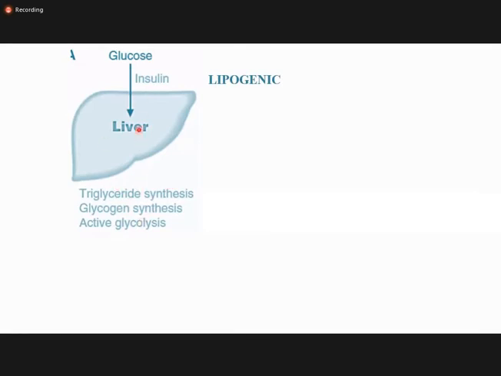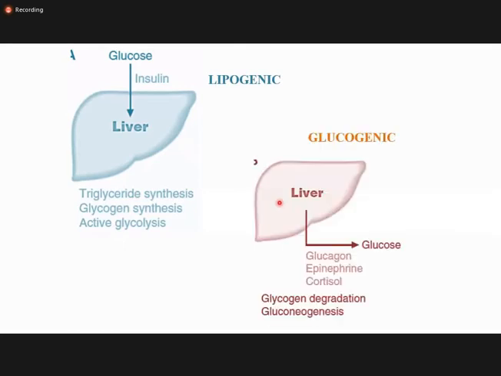So it becomes lipogenic. Whenever the body goes into starvation, when we have low blood glucose concentration, the liver will become glucogenic. Instead of synthesizing triglycerides or forming glycogen, the liver will start providing glucose residues.